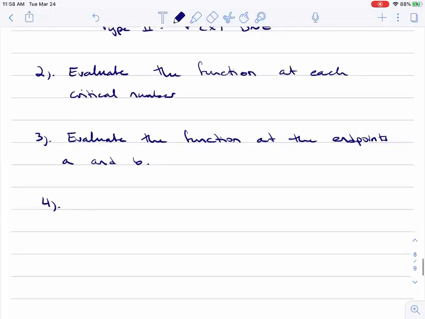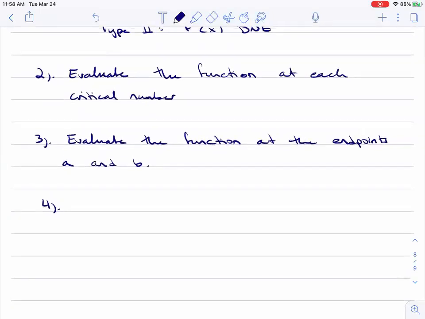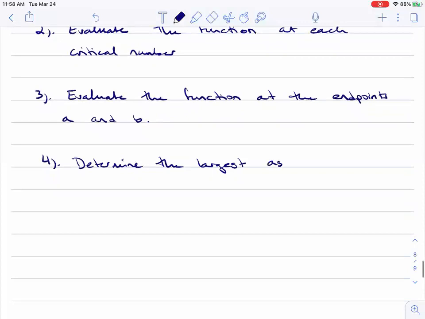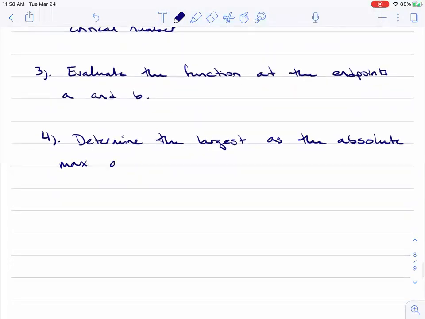Now you've evaluated the function at the critical numbers and at the endpoints. Out of these, you'll be able to pick out which one is the largest and which one's the smallest. So determine the largest as the absolute max and the smallest as the absolute min.